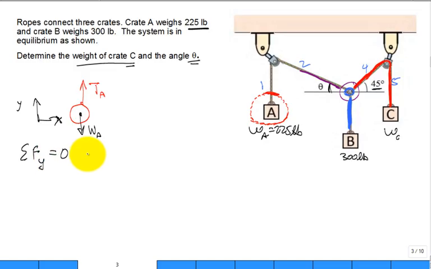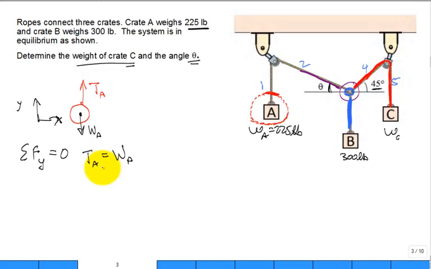Guess what we conclude? T_A acting up is equal to W_A acting down. The tension in the cable equals the weight of the crate. It's almost too obvious. It's like trying to explain something.